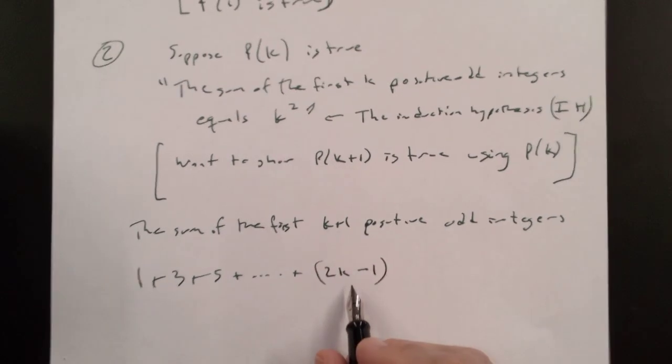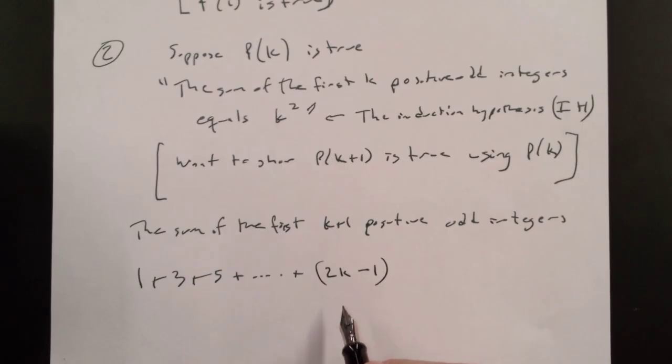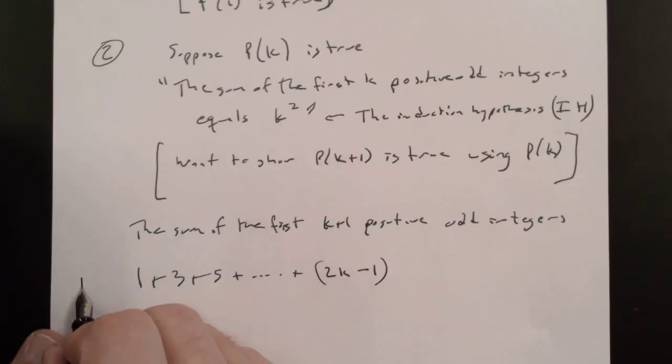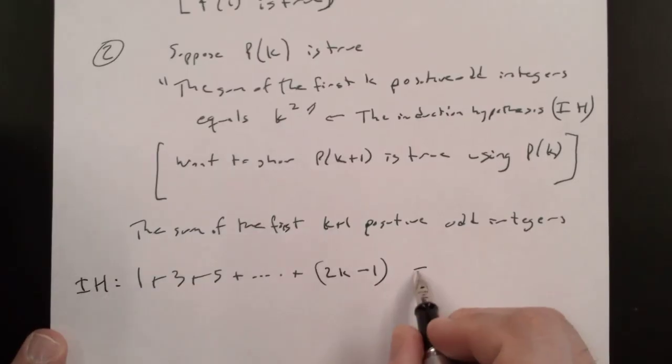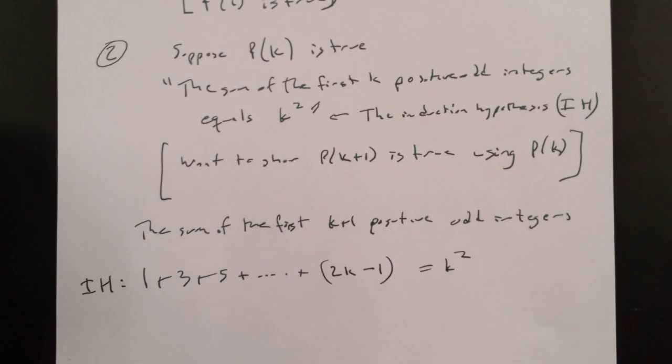That makes that the kth odd number, right? So my induction hypothesis says that that adds up to K squared. That's another way to write my induction hypothesis. Instead of in words, I can write it as a formula.